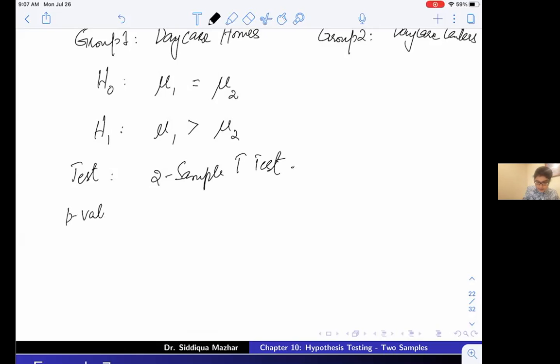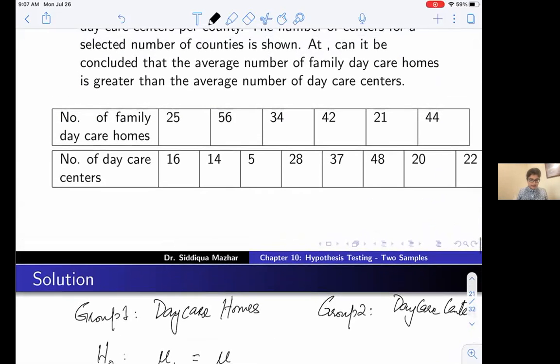Now I have to look for the value of p. First of all, you have to write down your lists, because this is your raw data. So press stat, go to edit, and then write down all your list 1 and list 2. In list 1, I'm writing down the number of family daycare homes, which is 25, 56, 34, 42, 21, 44.